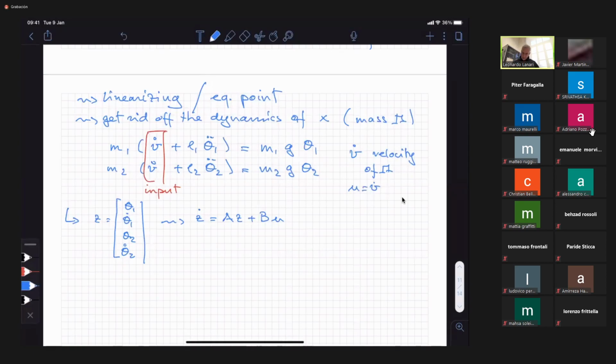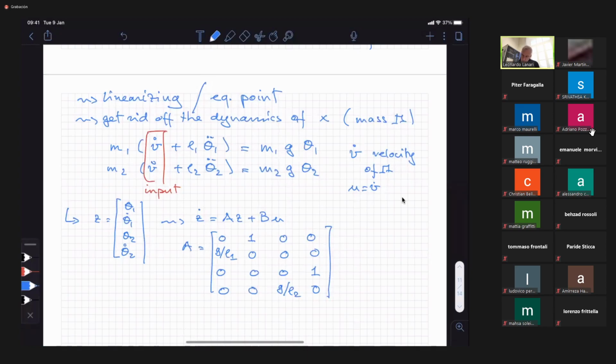Well, if you compute these matrices, you would have an A matrix which looks like 0, 1, G over L1, 0, 0, 0, and then something like this, 0, 1, G over L2.